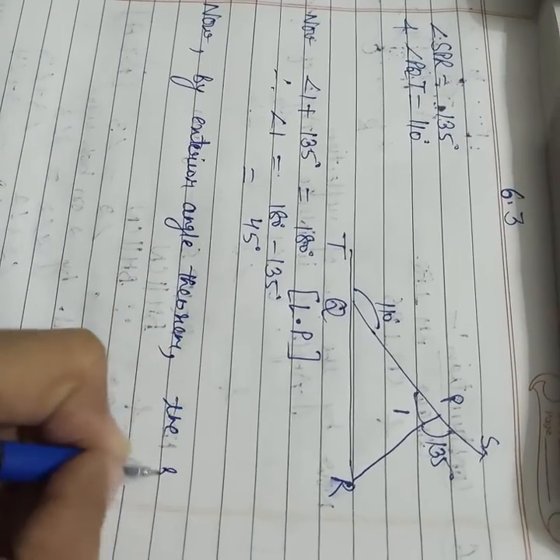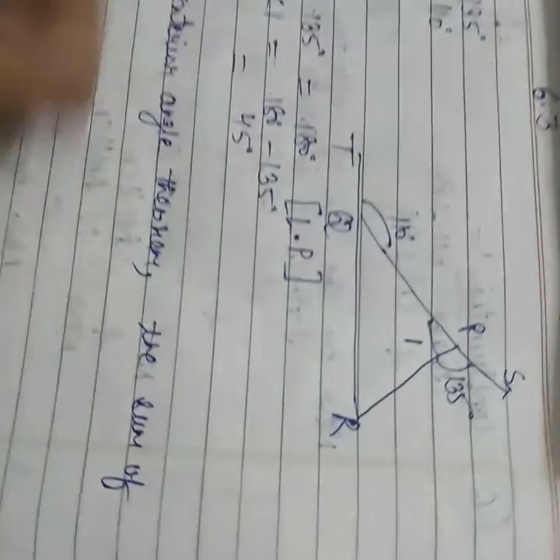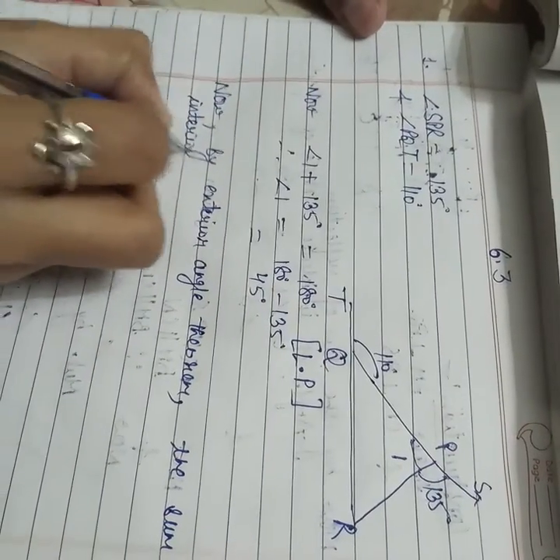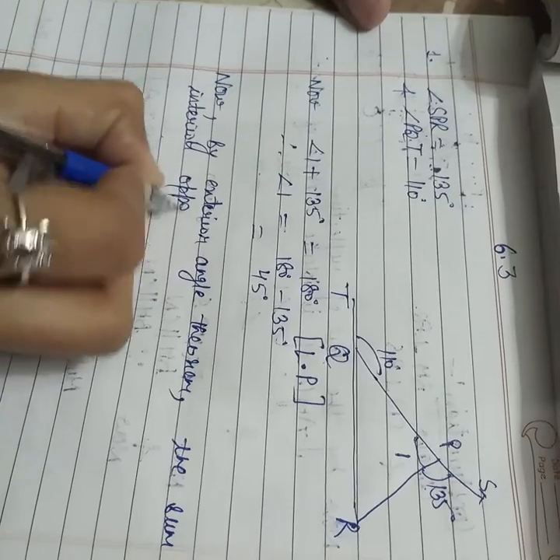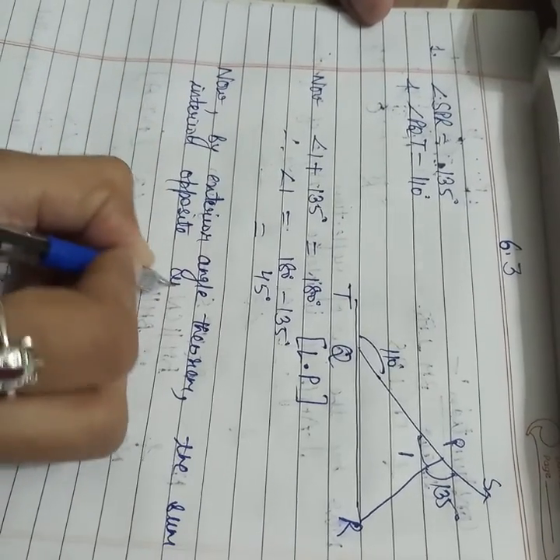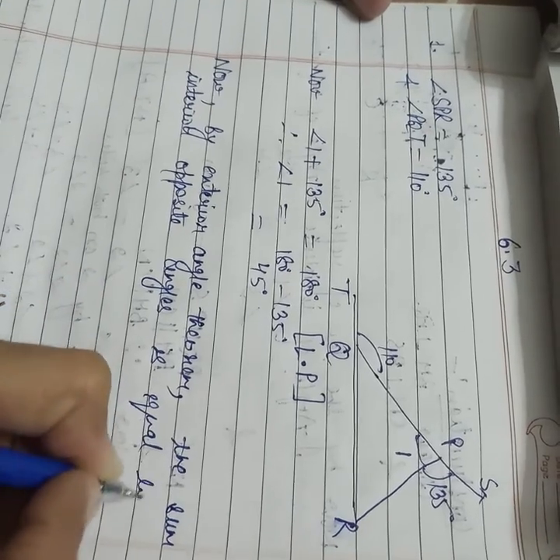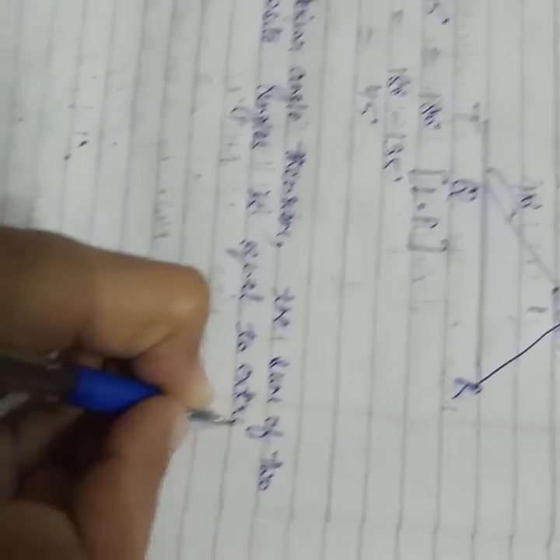Now by exterior angle theorem, the sum of two interior opposite angles is equal to the exterior angle.